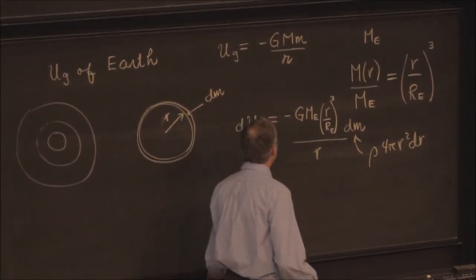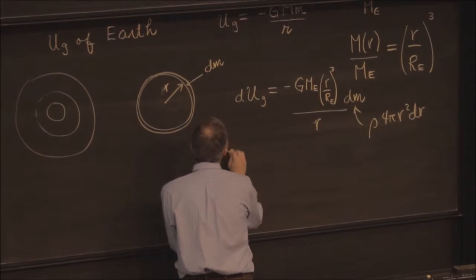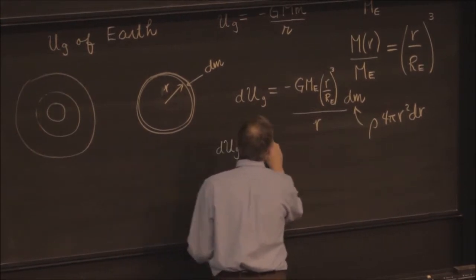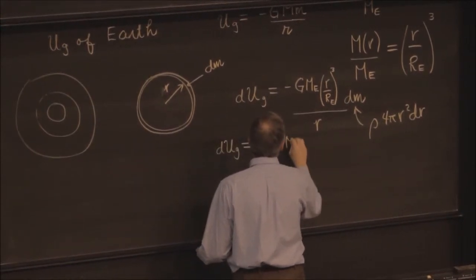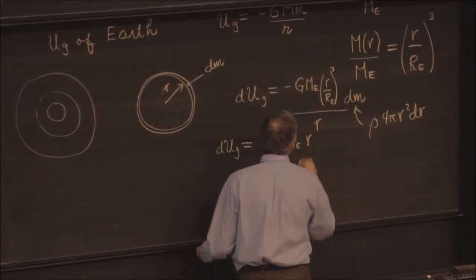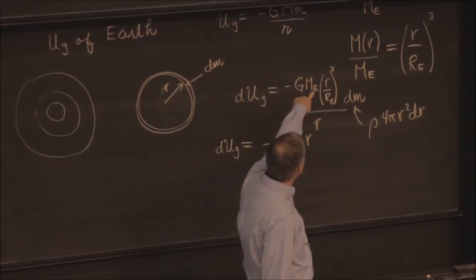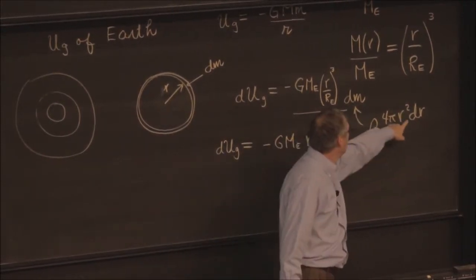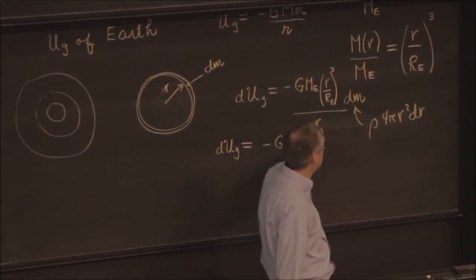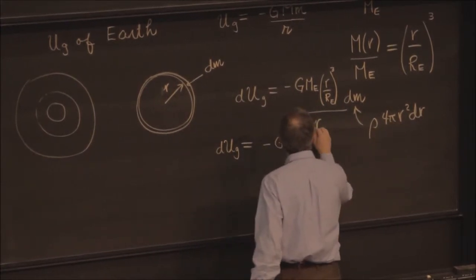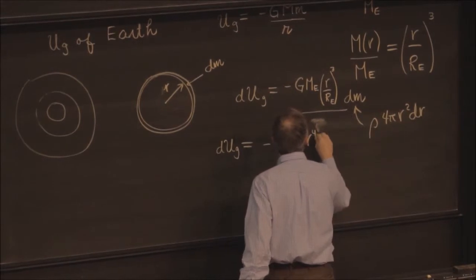Okay, so dU is minus G m r. How many r's? 3 plus 2 minus 1, 4.